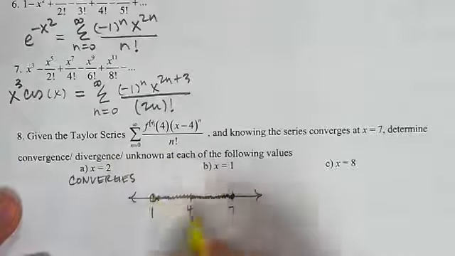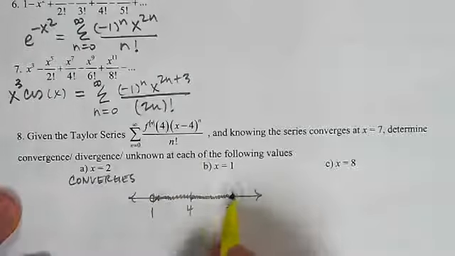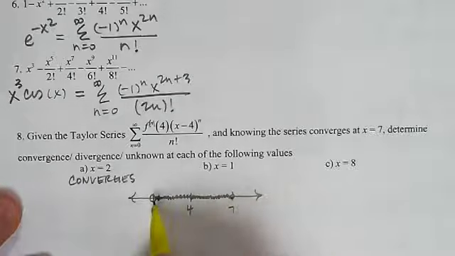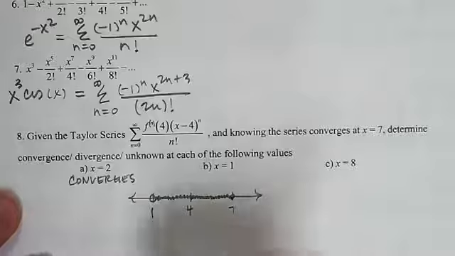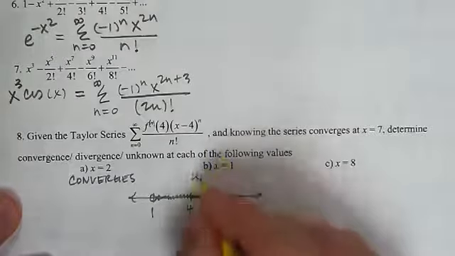At x equals 1, this is 3 units away. If the radius is 3, there's sometimes where it'll converge here and diverge here. There's sometimes where it'll converge at both endpoints. There's times it'll diverge at both endpoints. We don't know that this is an endpoint, but we also don't know that it's not an endpoint. So this is unknown.